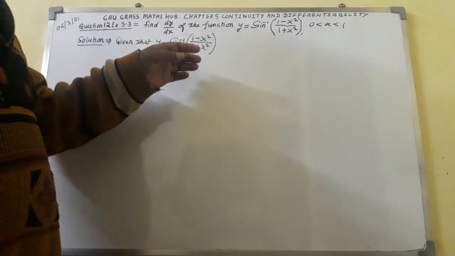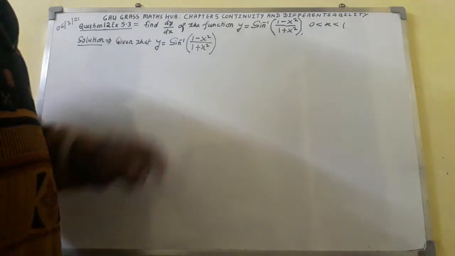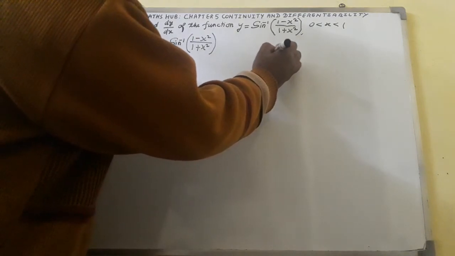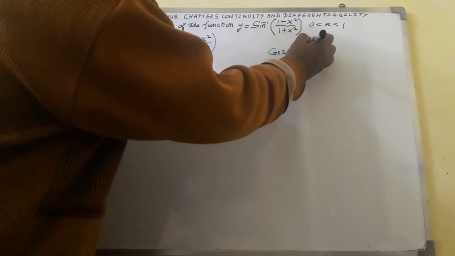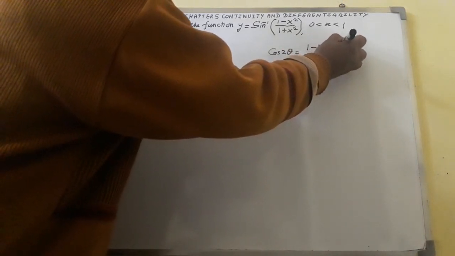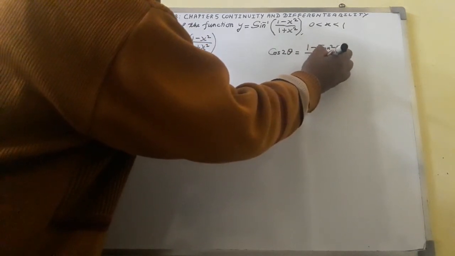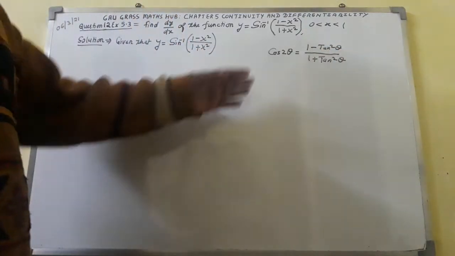You might have remembered the formula on the basis of this identity. The formula I remember, I shall write here: cos 2 theta is equal to 1 minus tan square theta over 1 plus tan square theta. This is the formula you must remember.